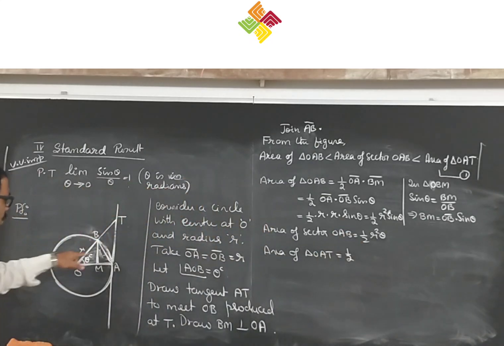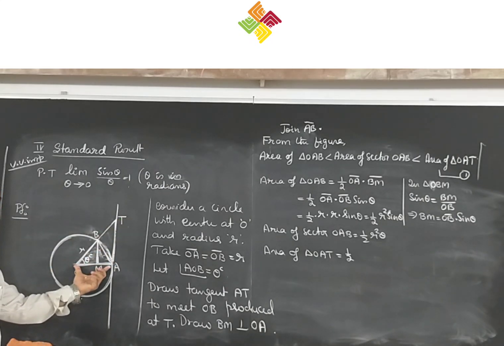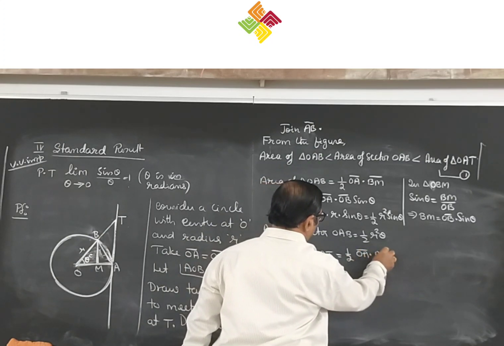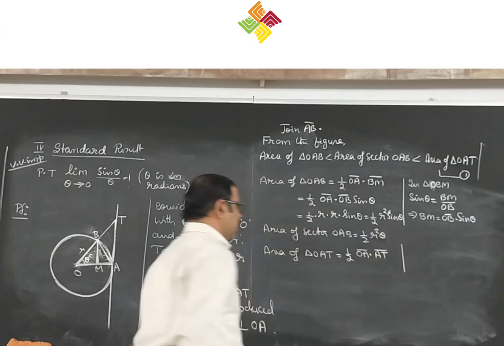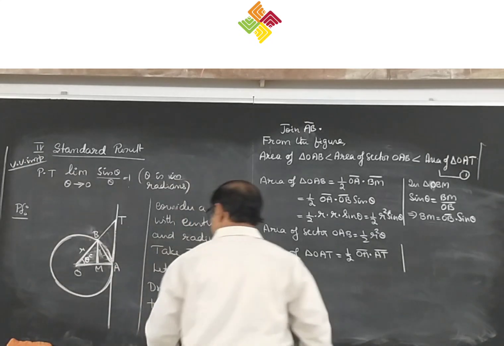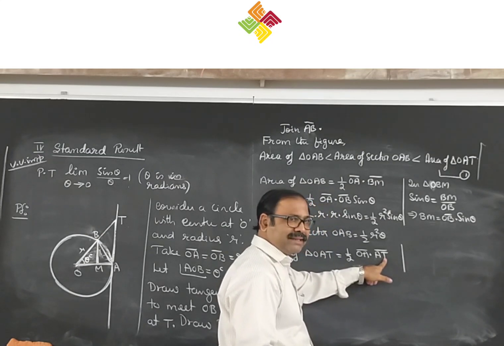Again, that is half into base into height, that is half into OA into AT. I want to find AT because I need this AT, correct?